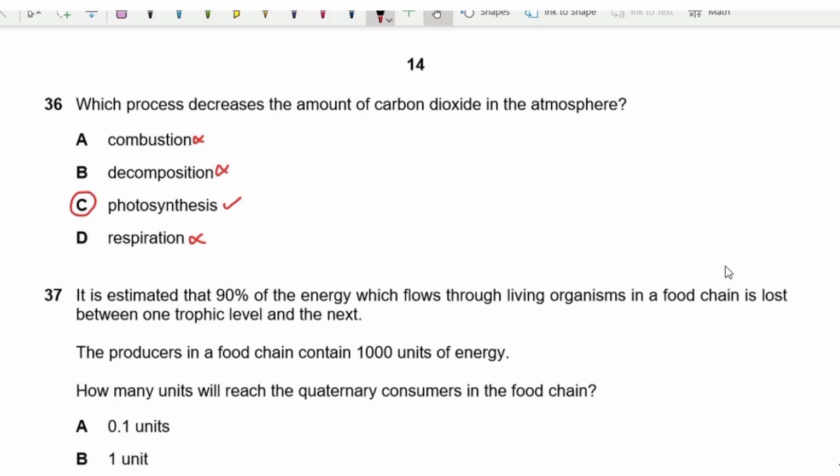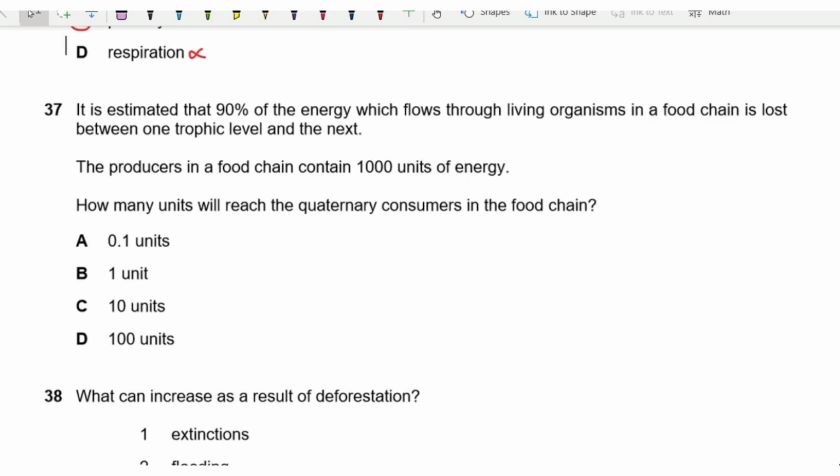Now, question 34. Question 34 says, it is estimated that 90% of the energy which flows through living organisms in a food chain is lost between one trophic level and the next. The producers in a food chain contain 1000 units of energy.